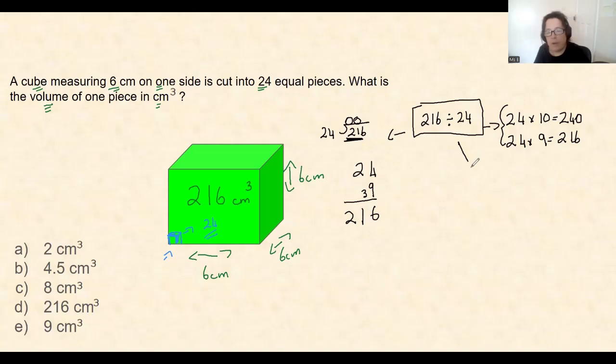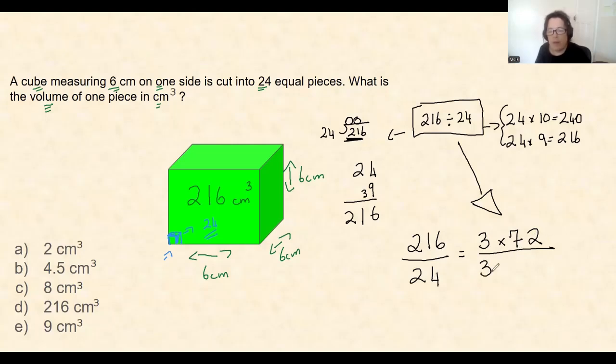The other way of doing it, which you might or might not be familiar with, is that another way of writing 216 divided by 24 is to get the common factors. 216 is the same as 3 multiplied by 72. 24 is the same as 3 multiplied by 8.